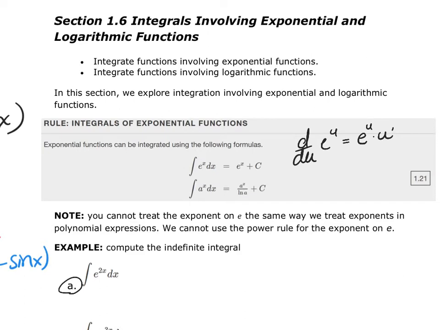What do I need to adjust for? If I were to have done the derivative of e to the 2x, what should I have had there that is not there now? What am I missing?